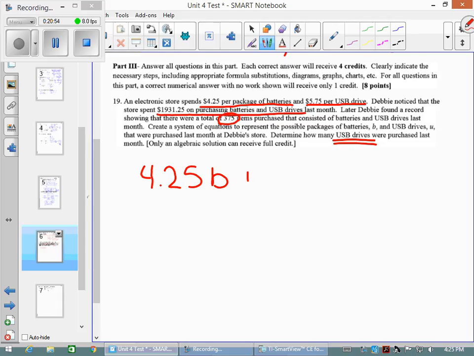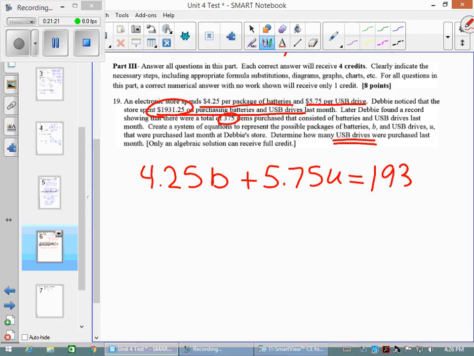And they're telling us that the total that they spent on purchasing both of these items was $1,931.25. So if I take the $4.25 times however many batteries and the $5.75 times however many USB drives, I'm going to get a total of $1,931.25. So that's my first equation.